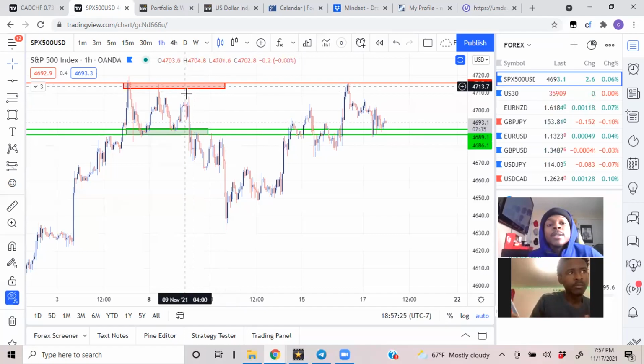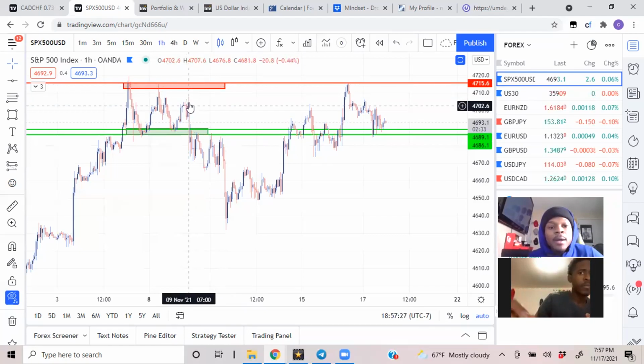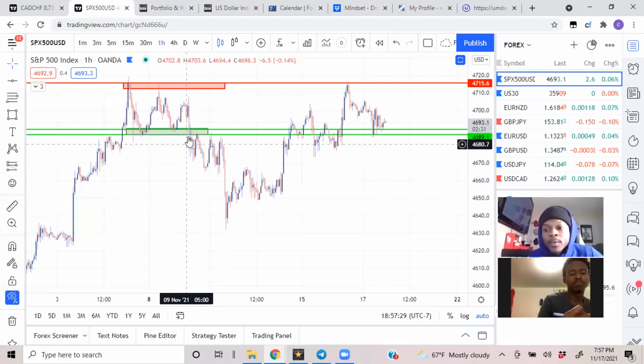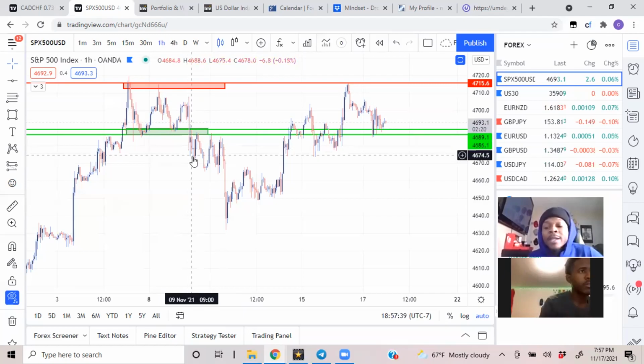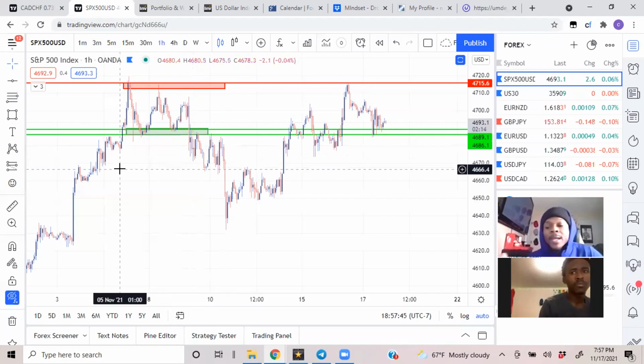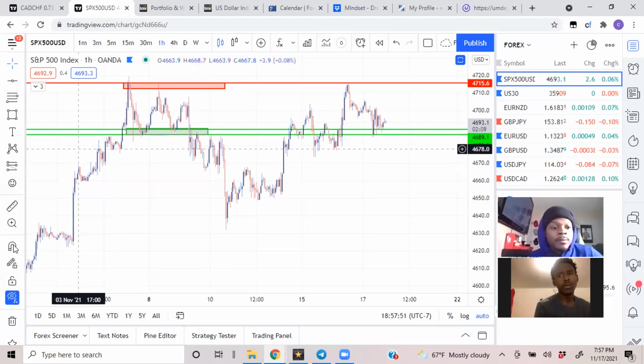Our sellers ended up winning because the ball, which is the candlesticks, finally went through our green zone. It went past our green line. So that's how I know that the sellers won overall. If the market was to go through our red line, then that would tell me that the buyers won overall.